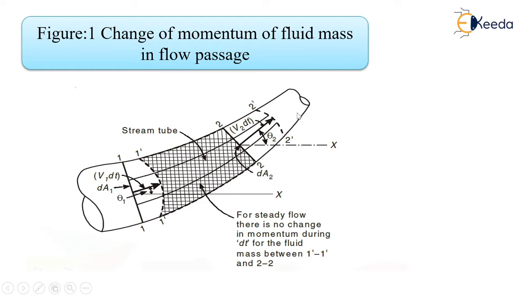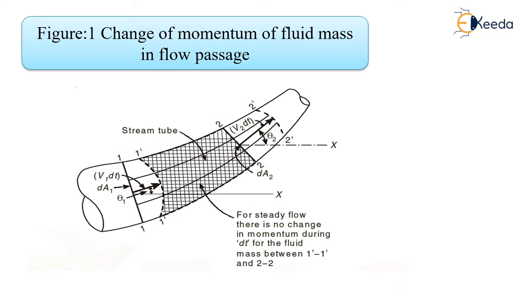Consider a free body of fluid mass included between section 1-1 and section 2-2 within a certain flow passage, as shown in the figure. The fluid mass between 1-1 and 2-2 at time t moves to the new position 1-1 dash and 2-2 dash at time t plus dt.